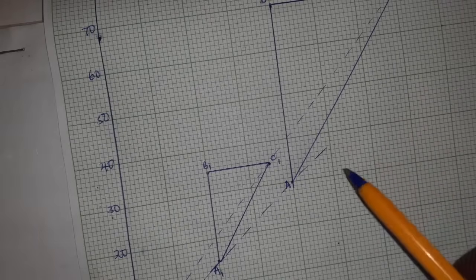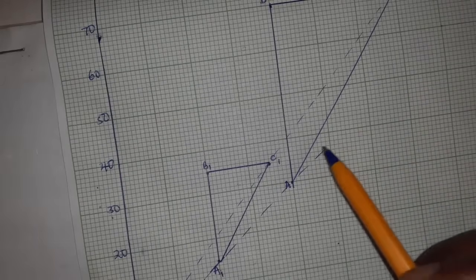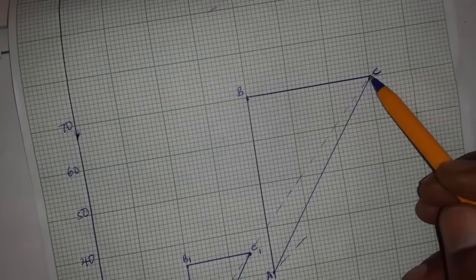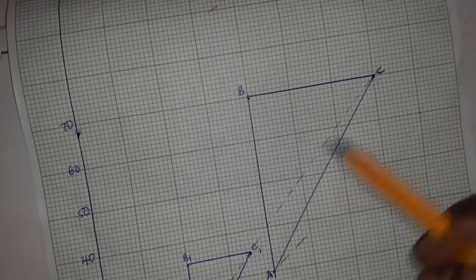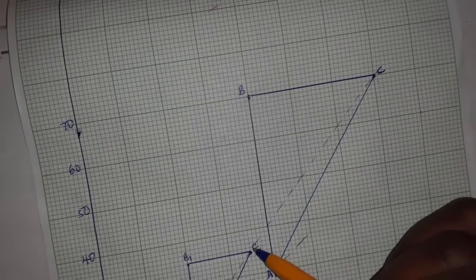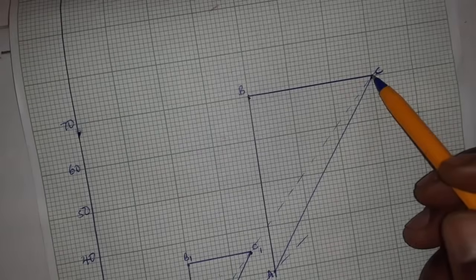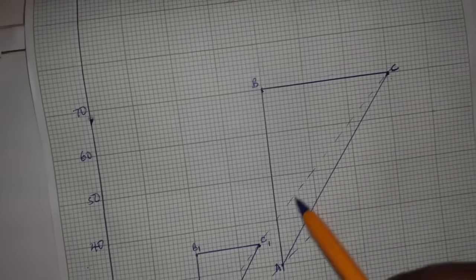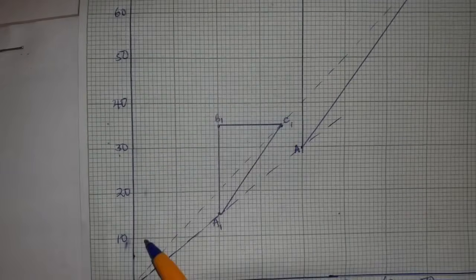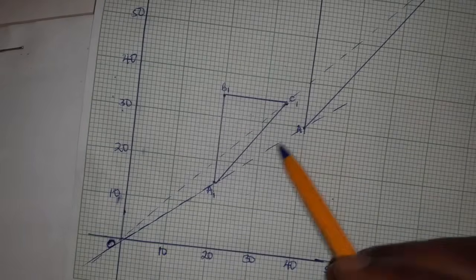To find the center of enlargement, this is what I've just done, and that's what you're supposed to do. You need to join a point on the image and its corresponding point on the object. You draw a straight line, which is going to come up to this point, and then you also draw another one, which is this one.